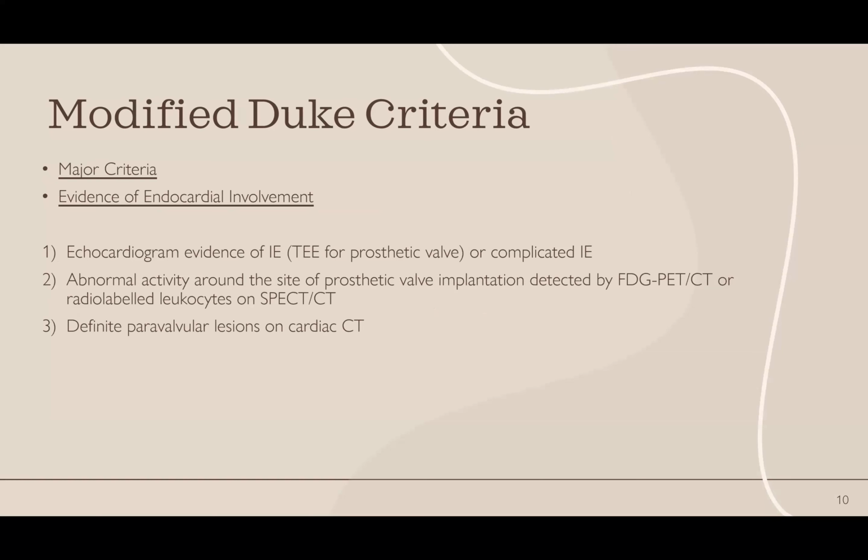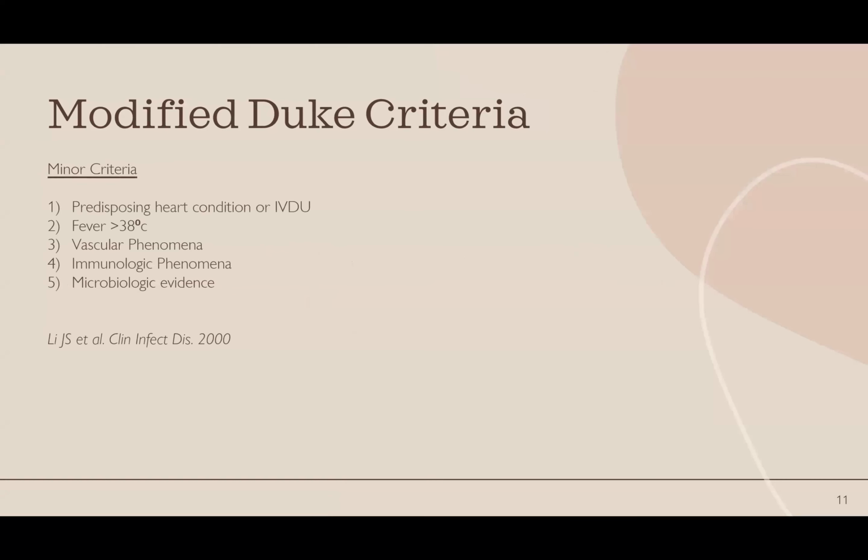Secondly, abnormal activity around the site of the prosthetic valve implantation that can be detected by an FDG PET CT or radio-labeled leukocytes on a SPECT. And then lastly, definite paravalvular lesions seen on cardiac CT.